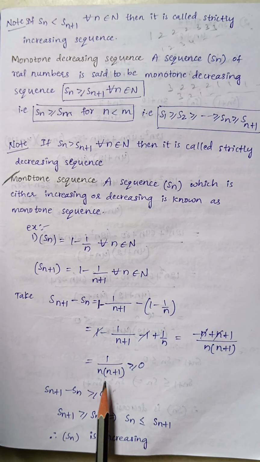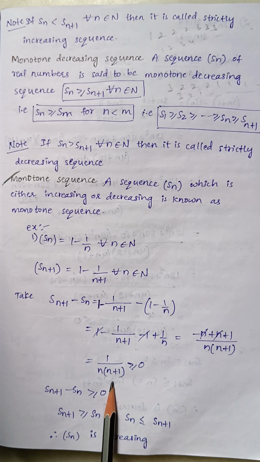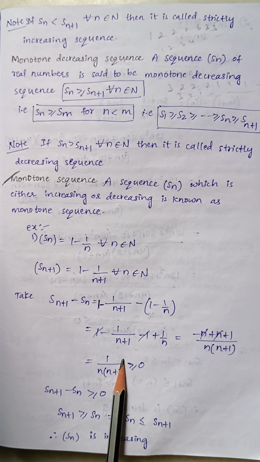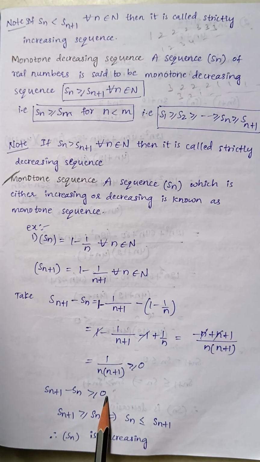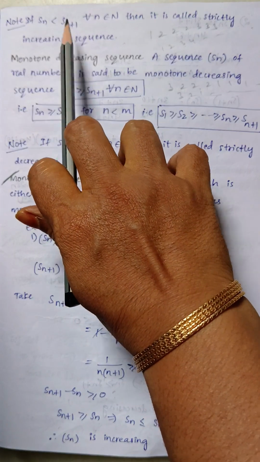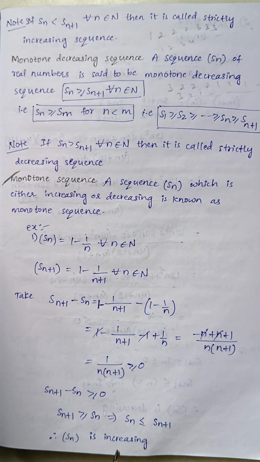Obviously this is a positive number, it has no negative numbers because n belongs to the natural numbers, which is obviously greater than or equals to 0. Sn plus 1 minus Sn greater than or equals to 0 means taking this to this side, Sn is less than or equals to Sn plus 1, which is the condition for increasing. So Sn is an increasing sequence, that's why obviously it is a monotone sequence.